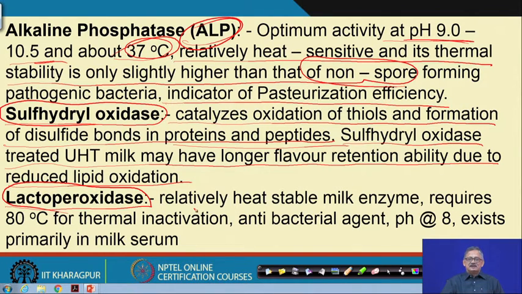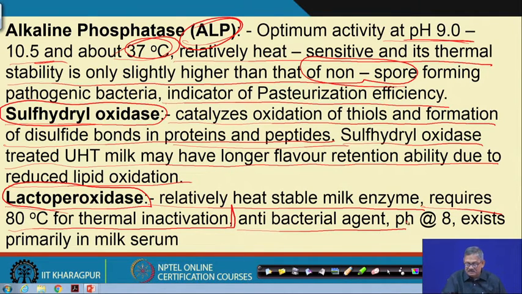So, lactoperoxidase is a relatively heat stable milk enzyme. It requires 80° centigrade for thermal inactivation. An antibacterial agent which works around pH 8 and exists primarily in milk serum.